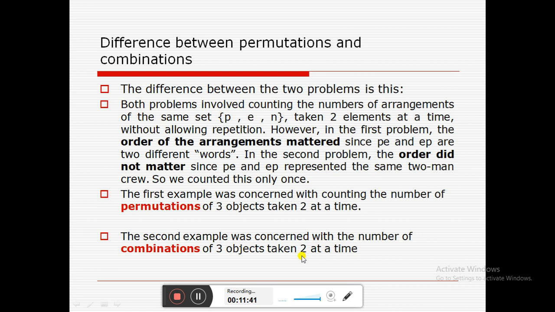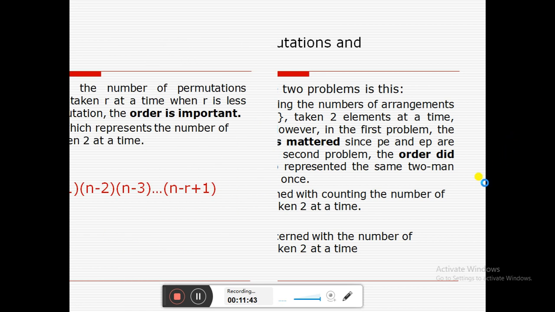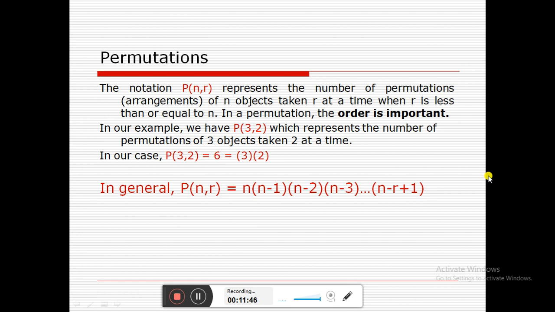So permutation, P of n comma r, which we have already discussed, represents the number of permutations, that is, arrangements of n objects taken r at a time, when r is less than or equal to n. In a permutation, the order is very important.